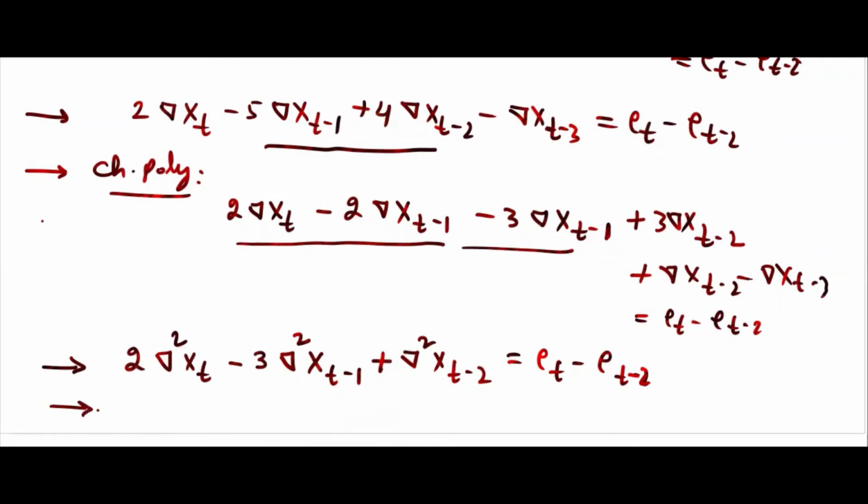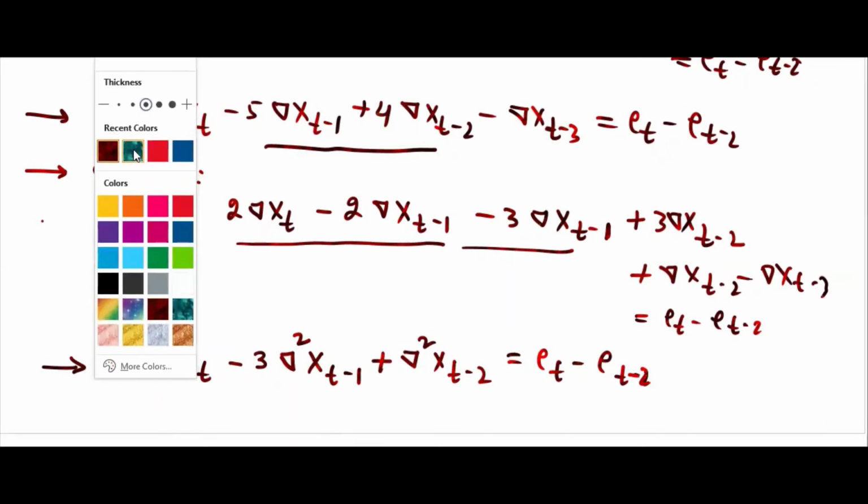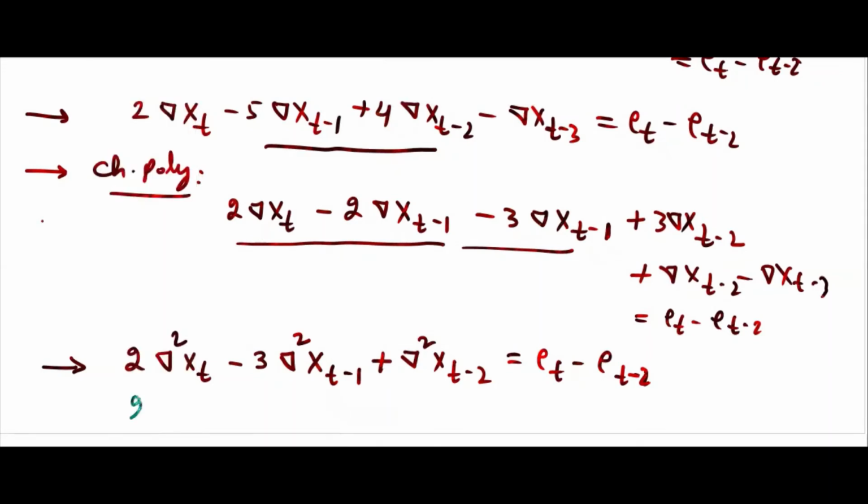Then what will happen? Here you write 2 ∇² x_{t-2}, okay, let me change it, otherwise it might create a similar problem. So I'll change it to z_t, okay. So this is my new one, minus 3 z_{t-1}, sorry, minus 3.